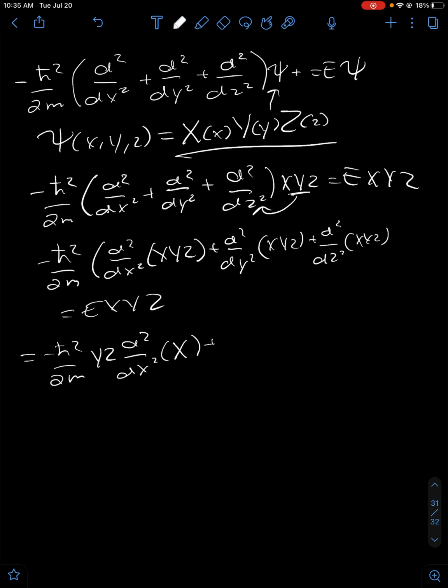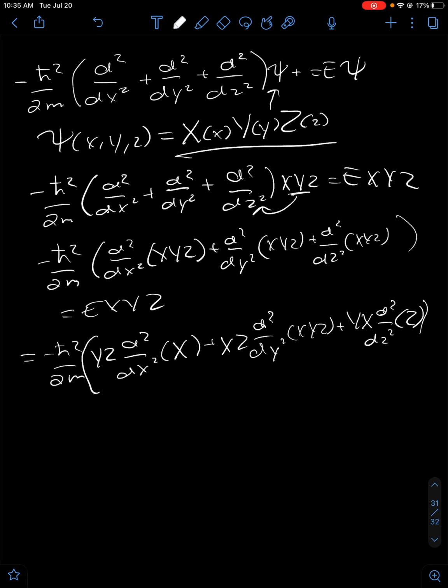And here we'd have the second derivative of X times Y Z, plus Y times the derivative of X Z, and all of that is multiplied by minus h bar squared over 2m, equal to E X Y Z.